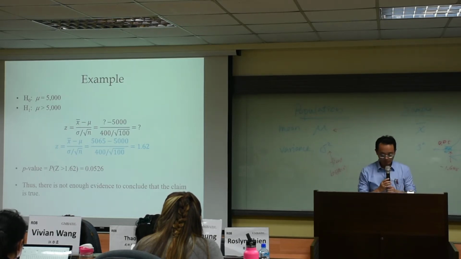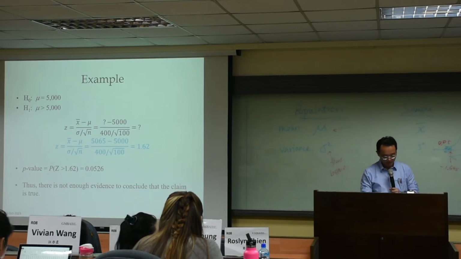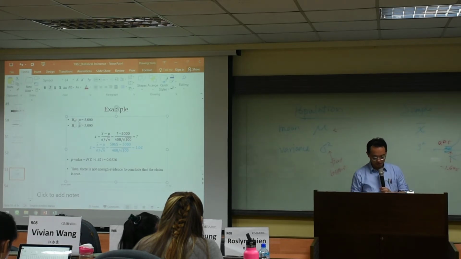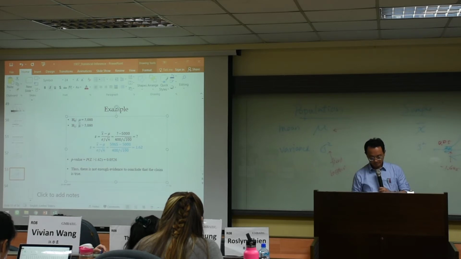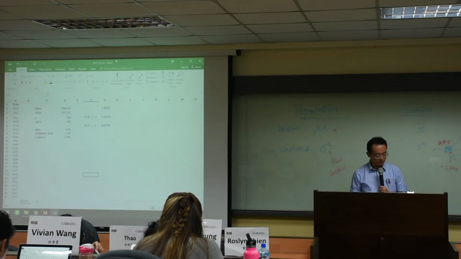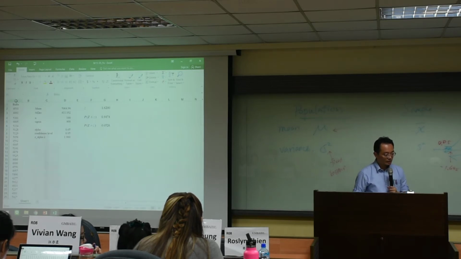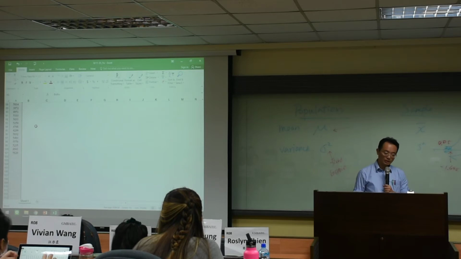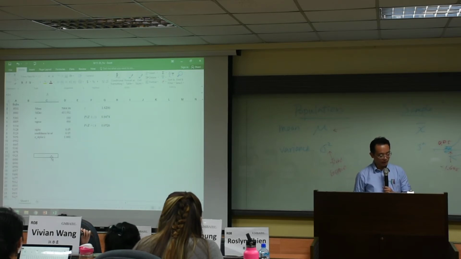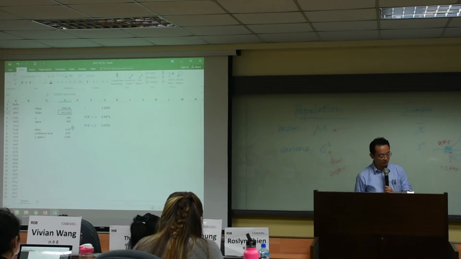For x bar we just apply the Excel sheet. In column A we have 100 samples, and we calculate the mean, standard deviation, all the required statistics for this data.